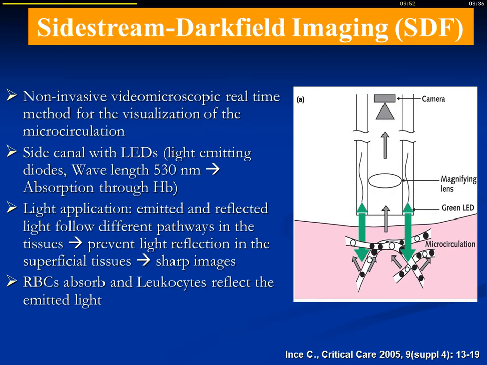The idea is very simple, and whatever the technology that is used, it's actually trying to make some sort of a sharp image of the microcirculation at different levels. Using these devices, you can look at mucosal surfaces. You can put it under the tongue, so you can see the sublingual microcirculation. I'm sure that you have seen a lot of images like this in a lot of sessions before.